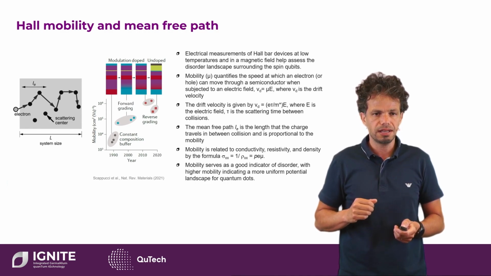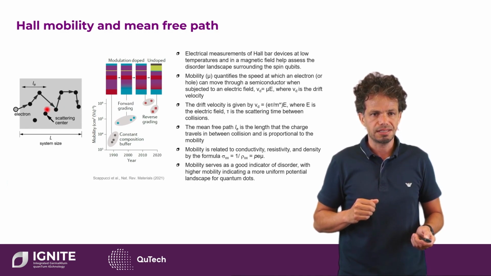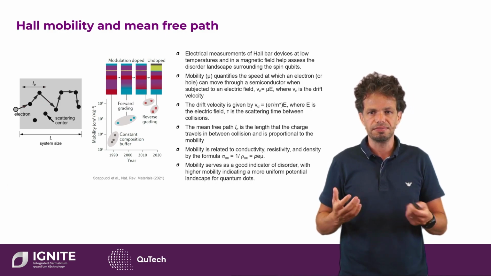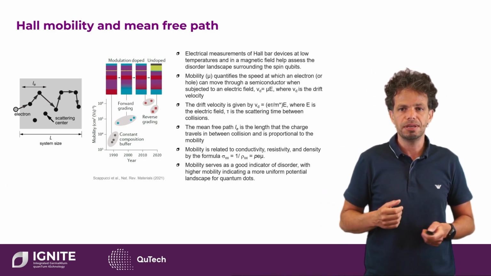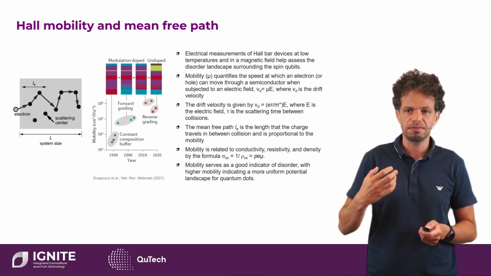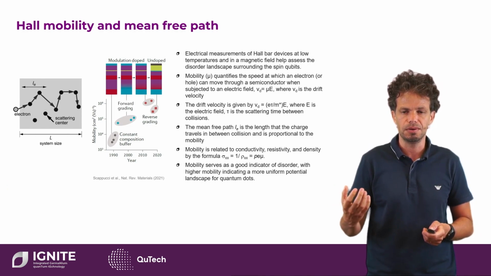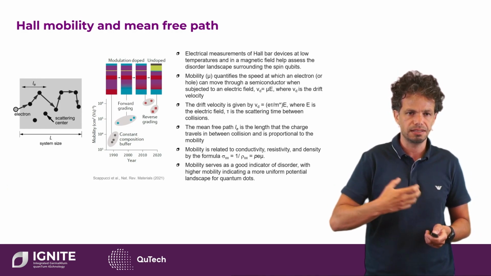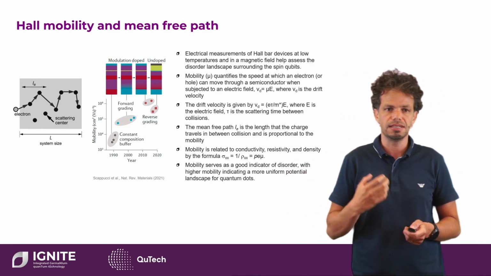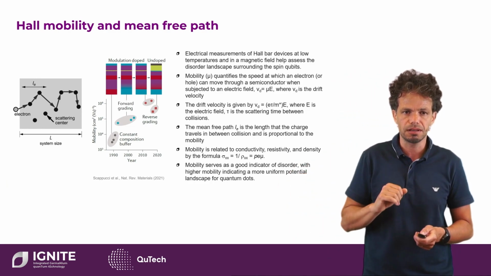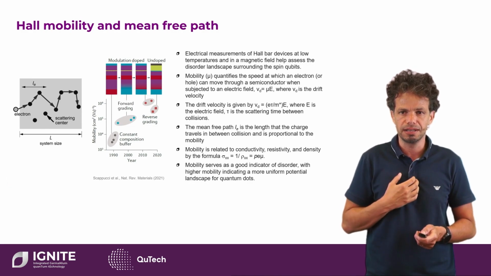In a nutshell, the mobility and the mean free path are defined in the following way. The mobility quantifies the response of a charge carrier to an electric field. So how fast does it travel through the semiconductor when pulled by an electric field?